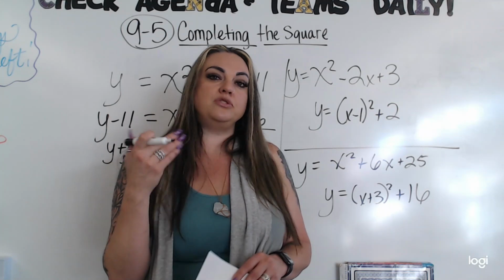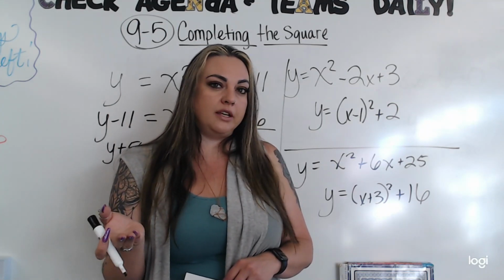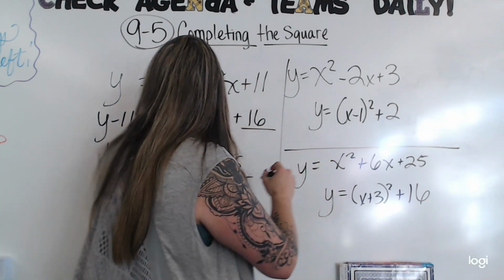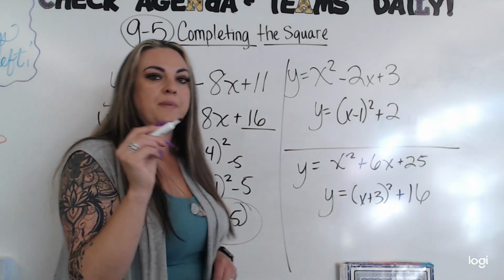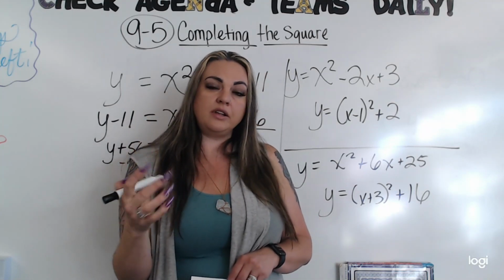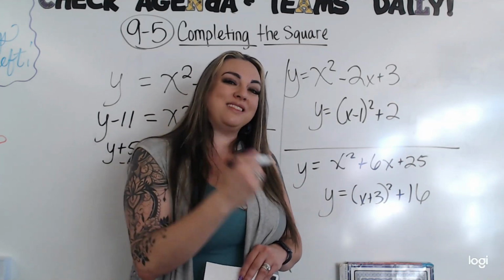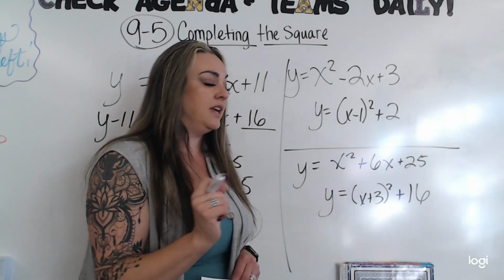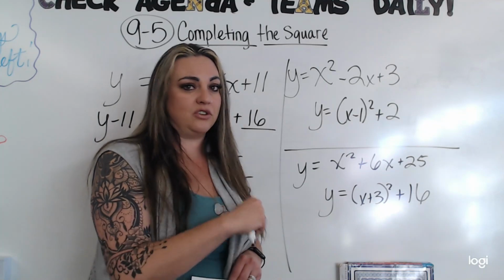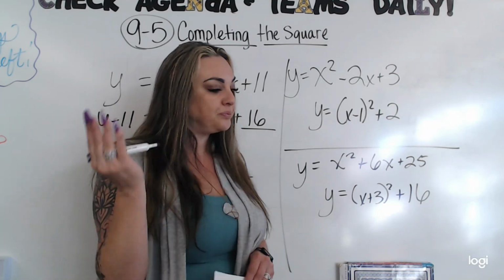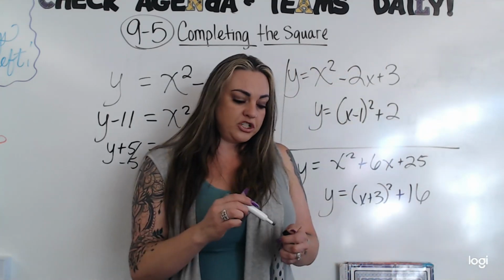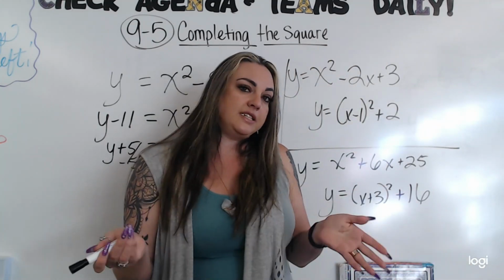And we also used square roots to solve the quadratic equations, where you use the square root literally to undo what's being squared. And now we've learned to complete the square, so manipulate it a little bit differently, which allows us to not only solve it, but also convert it into vertex form pretty easily. So those are the things that we've done. You guys also, now you're going to do your worksheet and finish the Finding Zero Desmos.